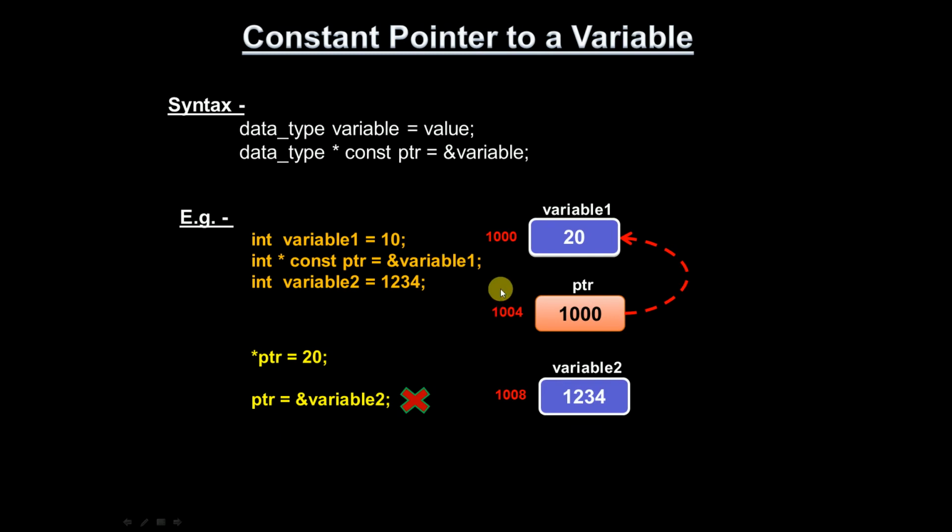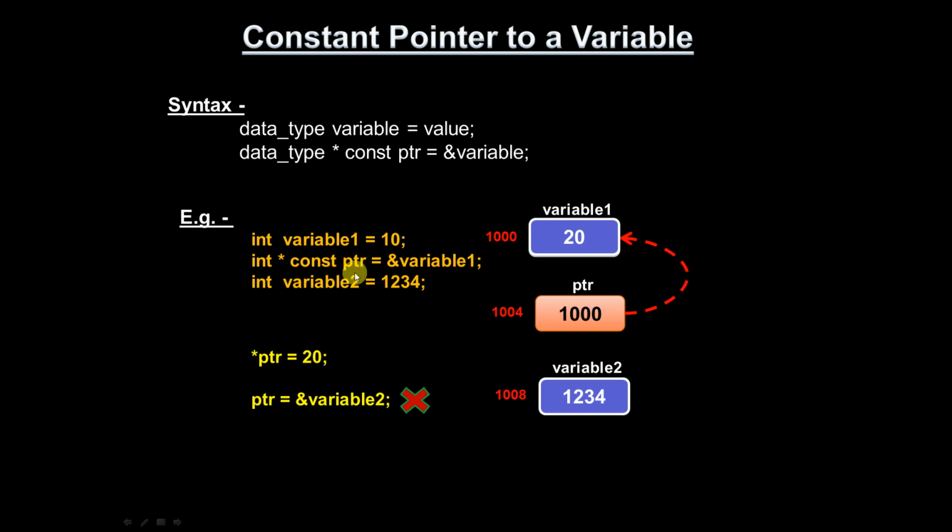Because once you write int * const ptr, some garbage value will be present in this. If you are not giving int * const ptr = &variable1, then that garbage value will be treated as constant. You cannot make your pointer point to some other because of the constantness property. You have to follow this syntax only.